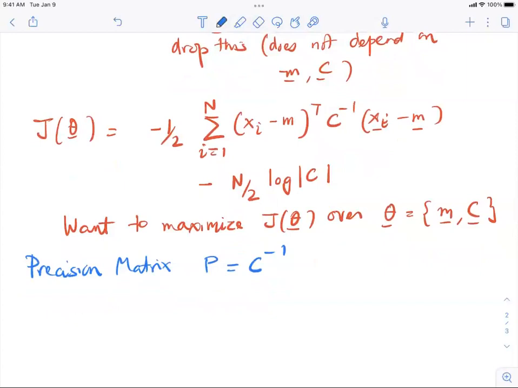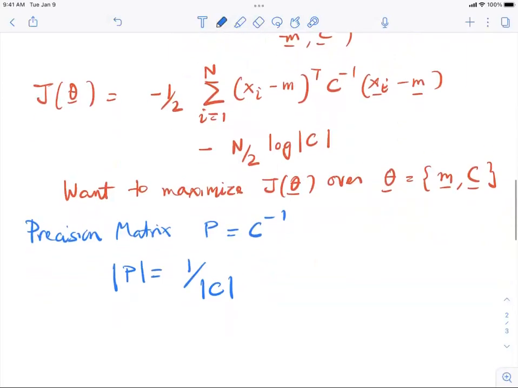So with this change of parameterization, how do I write that? Remember that the determinant of P is of course 1 over the determinant of C, and we assume that both of them are positive. So it's all good. These things are just positive numbers. So once I plug those in terms of P, J of theta becomes minus half summation i equals 1 to n of x_i minus m transpose P x_i minus m.